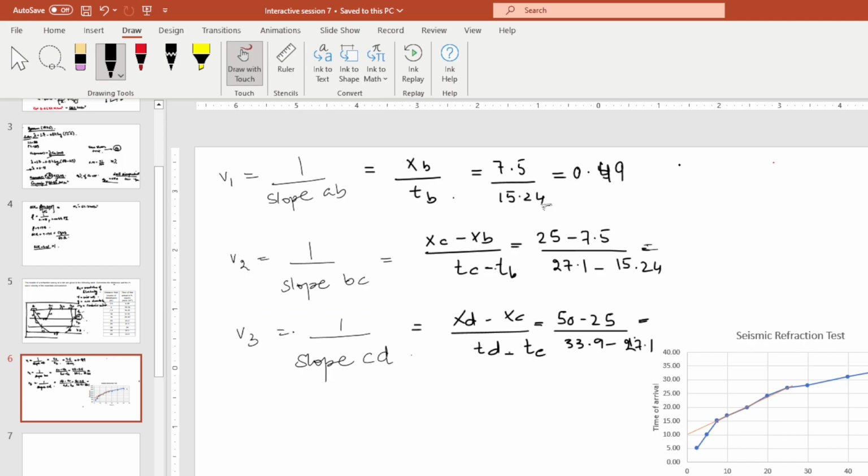So the velocity V1 from the slope here is, okay, here it is.